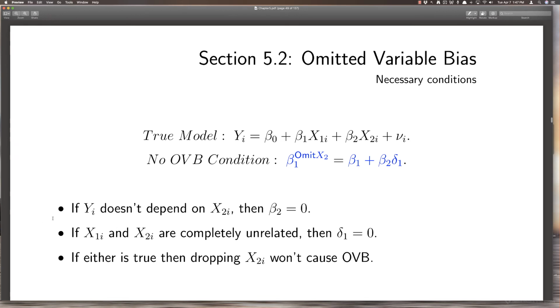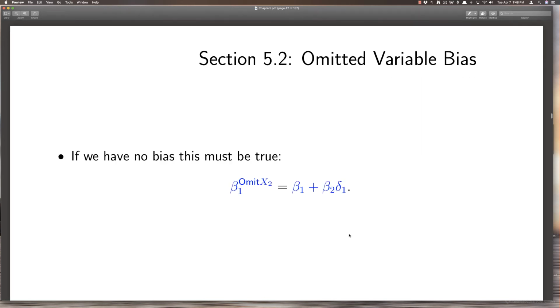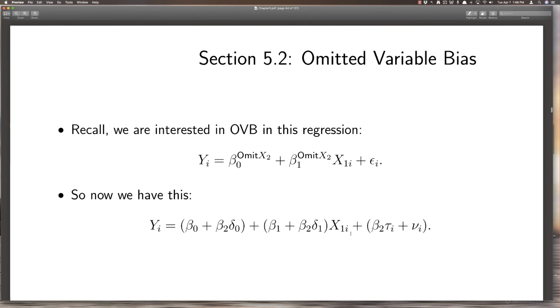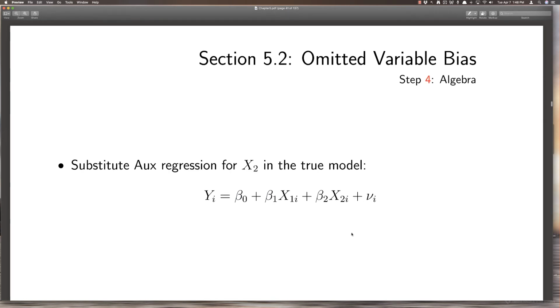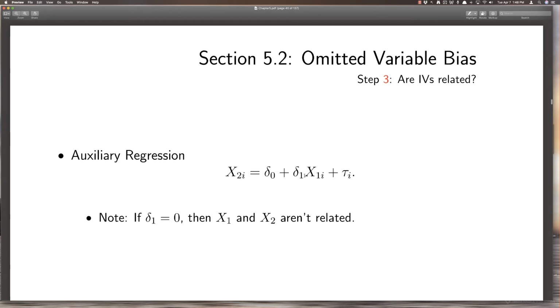So I think I already just said this, but why not say it again? If y doesn't depend on x2, then beta 2 is 0, and we're fine. If x1 and x2 are completely unrelated, delta 1 is 0. And remember why that was. Where did this delta 1 come from? Let me step back to the auxiliary regression. This is delta 1.